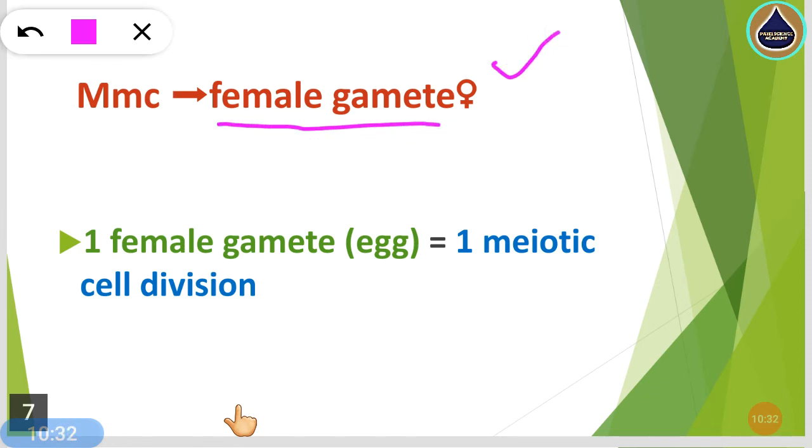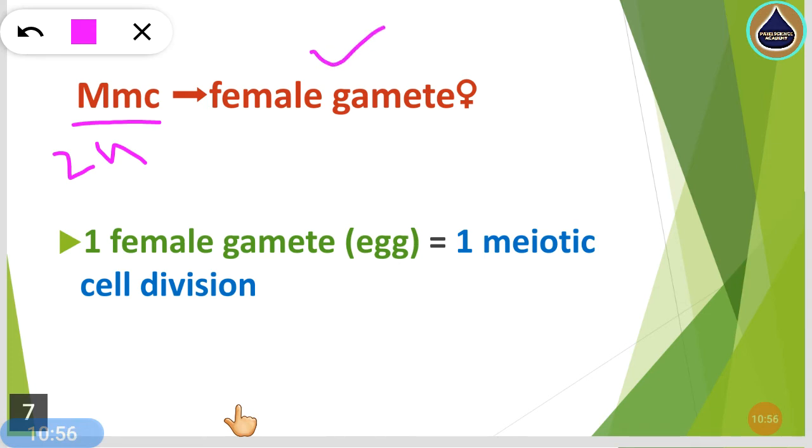This is the symbol of femaleness. It is indicated by this sign in science, in the medical field. Now we'll see this MMC, megaspore mother cell. It is 2n or diploid in number, and it is needed for the formation of the female gamete.